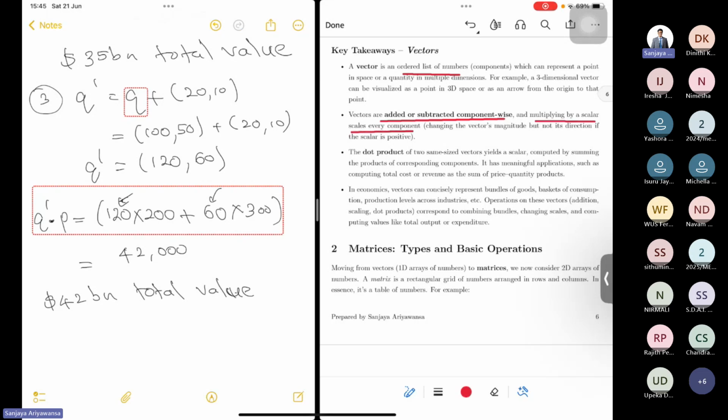I hope you remember in that particular video how he visually showed that to you. And then the dot product of two same-sized vectors yields a scalar. That's important. It yields a scalar computed by summing the products of the corresponding components. So that's an introduction to vectors.